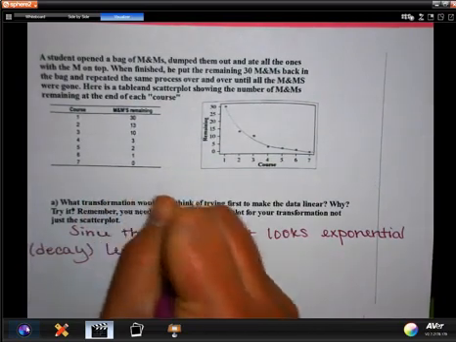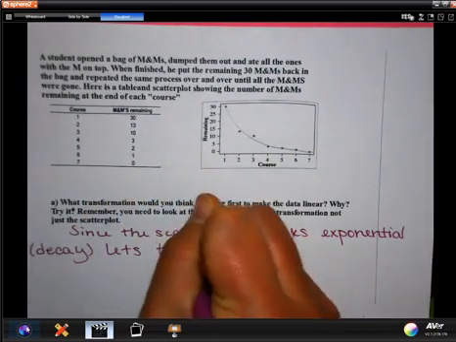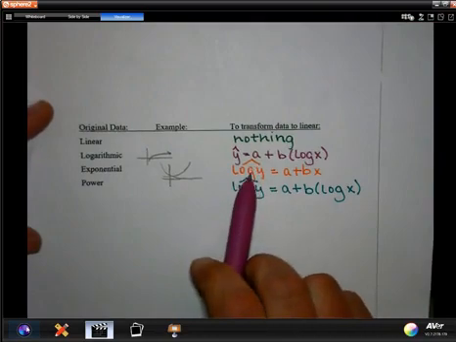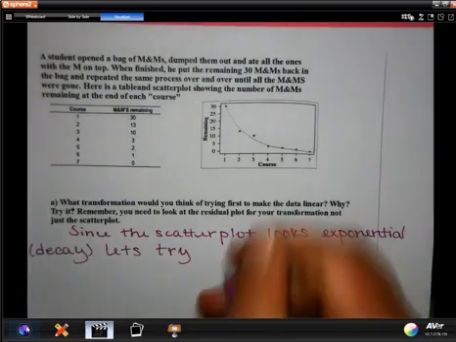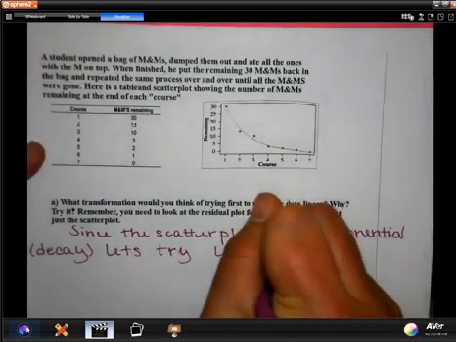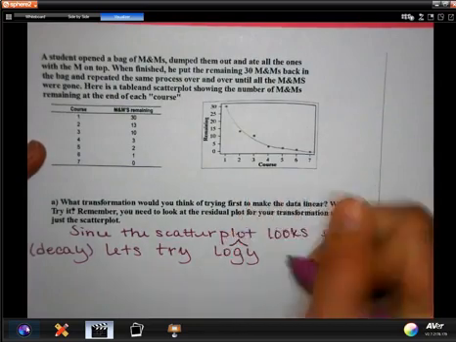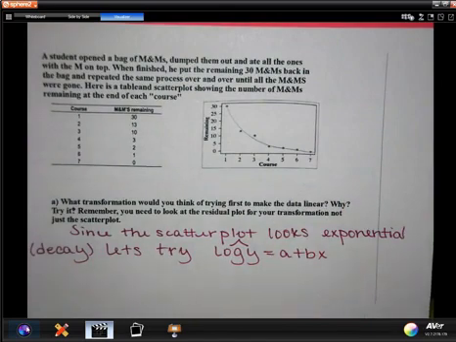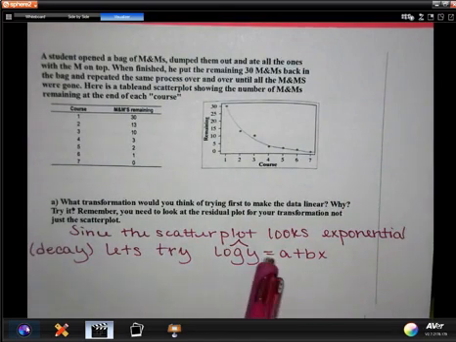Let's try. We're going to log y. So we're going to leave x alone. So I said what transformation I'm going to try first, the reason why, and now we're going to try it.